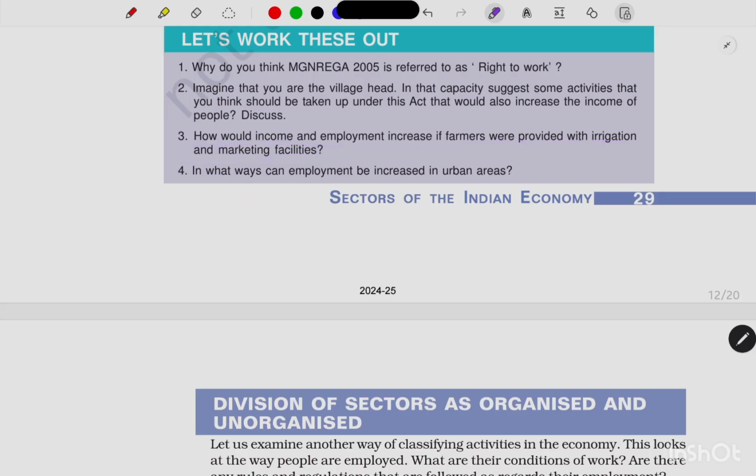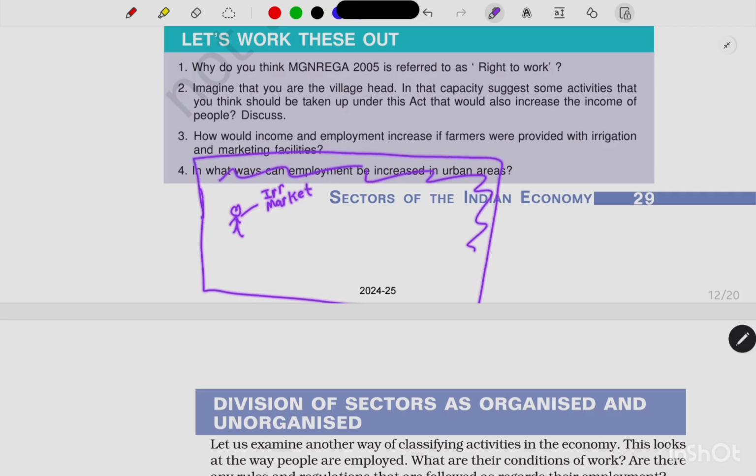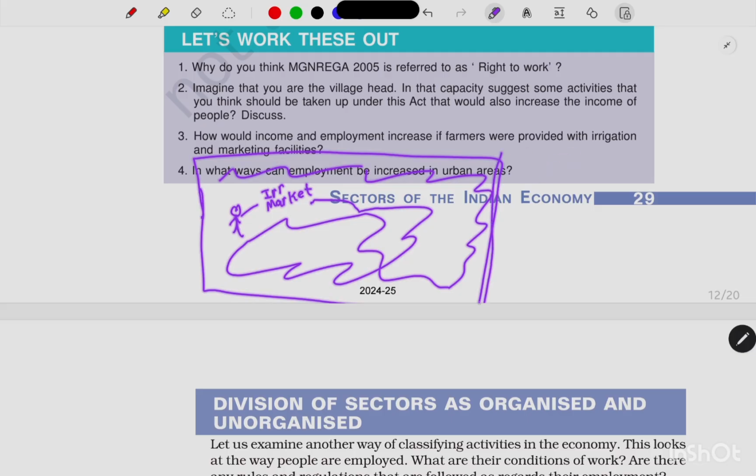Very good question. So, if a farmer is given the irrigation facility and the marketing facility, basically what he could do is, in his big plot, he could cultivate many crops and things like that, due to the irrigation facilities.